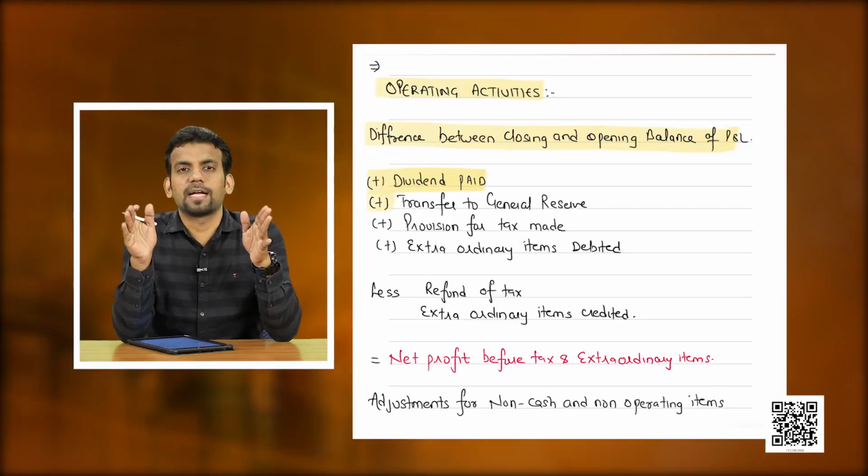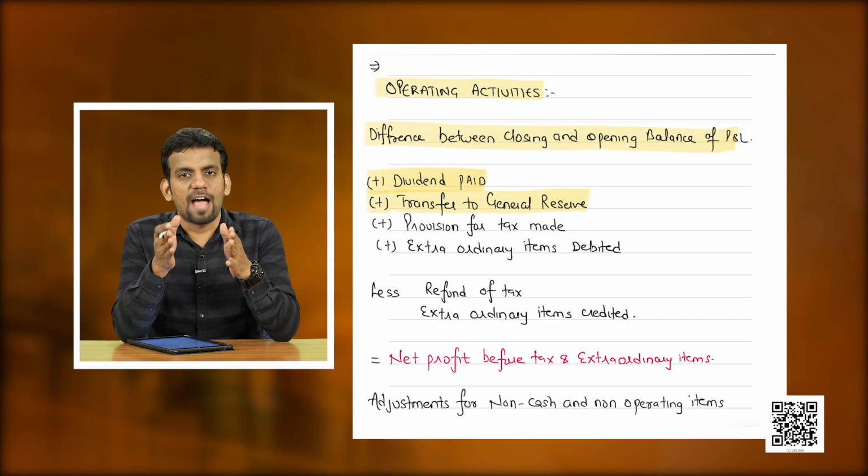We deduct profit because we have transferred a bit of profit to the general reserve, but it does not include any kind of cash outflow. So we have to add it back again, because we are calculating cash flow from operating activities, and deducting profit because of reserve doesn't make any outflow of cash. So we have to add back that general reserve.